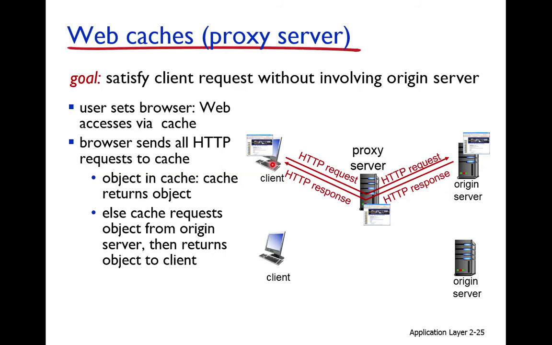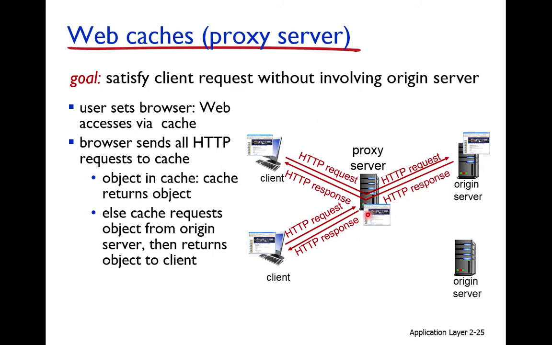Okay, suppose in this ComSets University another client wants to access the same object, the same Taare Zameen Par movie. So when this client sends the HTTP request, it will pass through this proxy server, this web cache, this gateway. When it receives the HTTP request, it will first check whether the requested object is present in its cache or not.